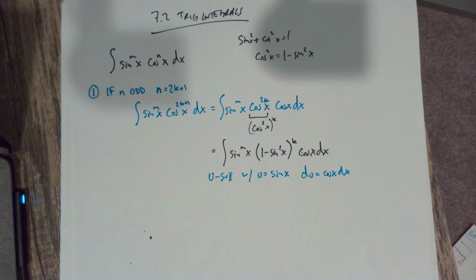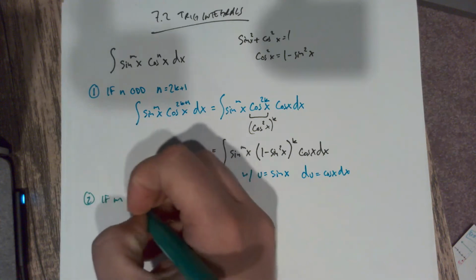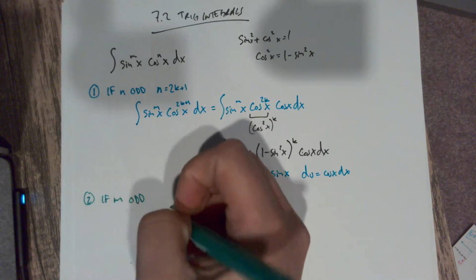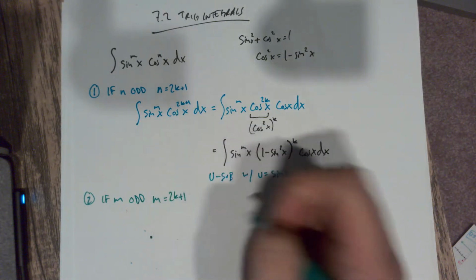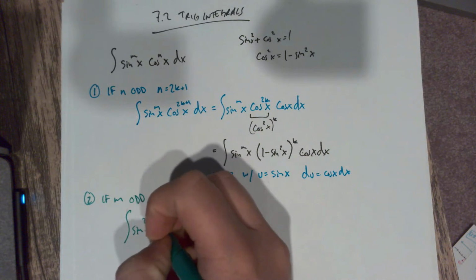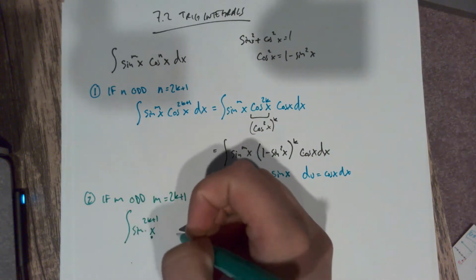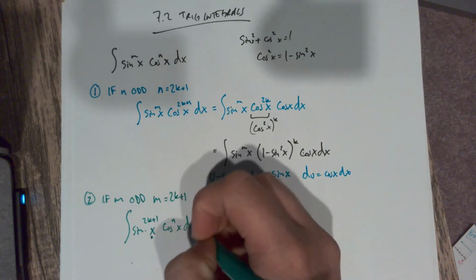Then the second case is if m is odd, well then m would be written as 2k plus 1. And so we would have the integral of sine to the 2k plus 1 x cosine to the n dx.